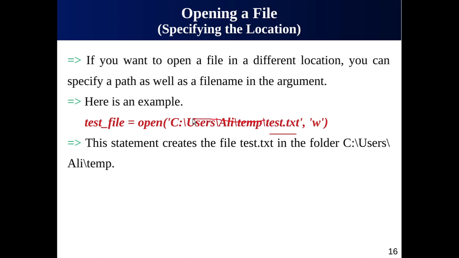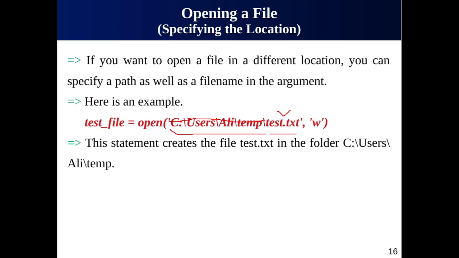But suppose you do not provide the complete location. That is only fine if the Python interpreter is in the same folder where the file is located, or you can say both are in the same folder. Then there is no need to provide the complete path.